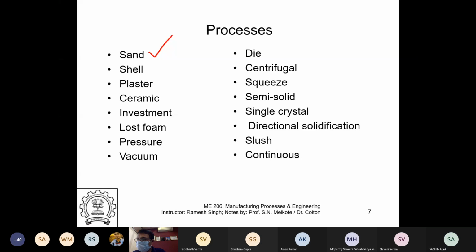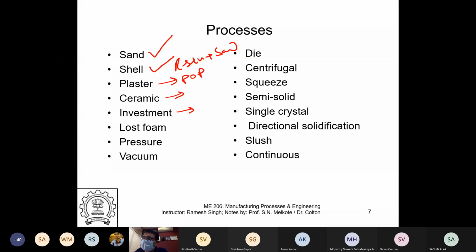Yeah. So there is sand mold. You understand now, right? Shell mold, where we are using resin plus sand. Plaster, where we are using POP. Ceramic is similar to that.